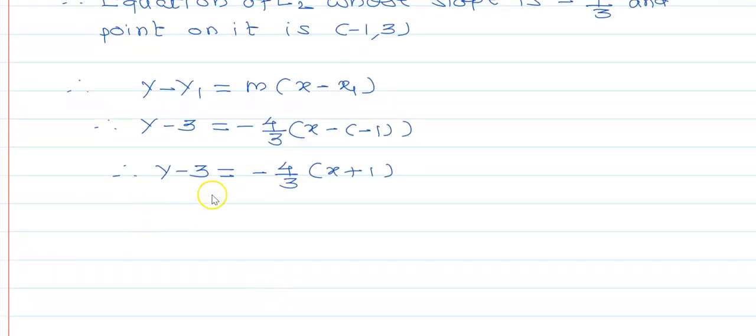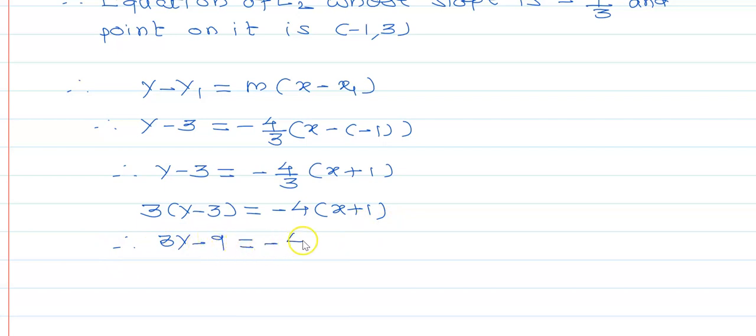Therefore, after simplification, 3(y - 3) = -4(x + 1). Okay, and therefore 3y - 9 = -4x - 4, and therefore 4x + 3y = -4 + 9, which equals 5.